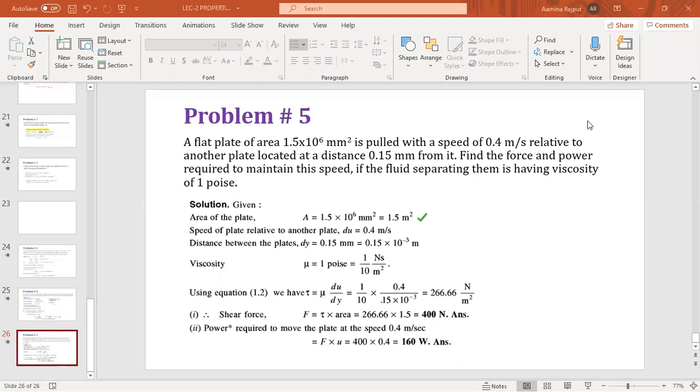So du is 0.4 meter per second. The distance between the plates is 0.15 millimeter, converted to meters. And viscosity is 1 poise, which is 0.1 Newton second per meter square. So this was the given data.